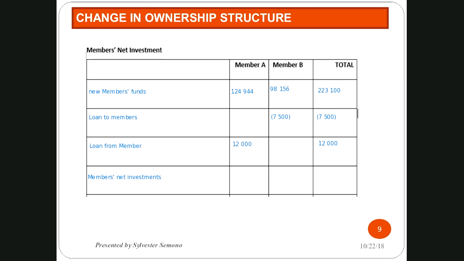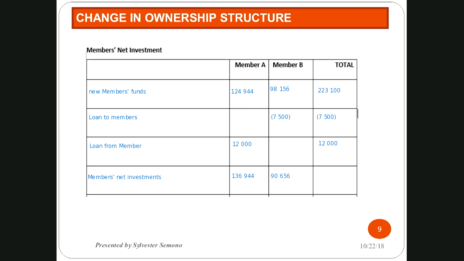B, don't forget that for B, there's a negative. Thank you very much, auditor. Please find B for us. B is 90,656. And the total, please. 227. This is what we call the members' net investment.